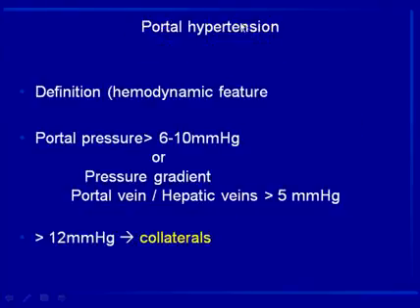Definition of portal hypertension. Portal hypertension is a hemodynamic feature when we identify a portal pressure more than 6 to 10 millimeters, or a pressure gradient between portal vein and hepatic veins more than 5.